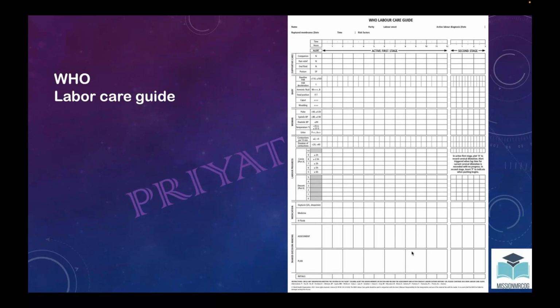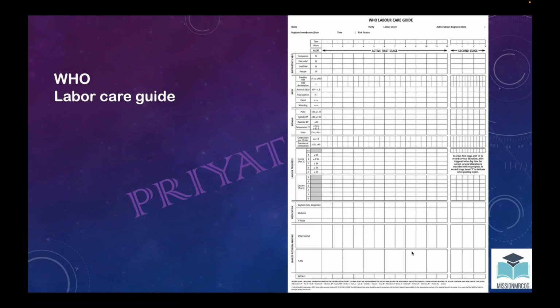Then about the amniotic fluid, if the membrane is intact, we can put I. If it's ruptured, then R. And if it's meconium stained or blood stained, here the alert is meconium stained grade 3. And if it's blood stained, then we have to be alert about it. Fetal position, we have to see if it's occipito anterior, occipito posterior, or transverse.